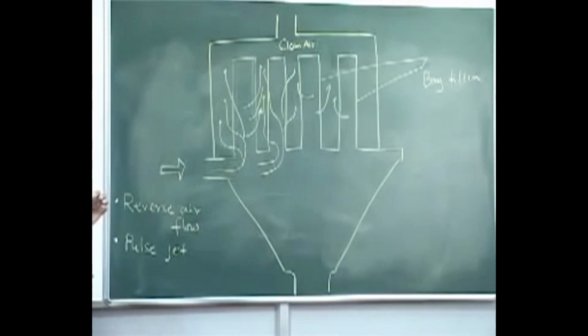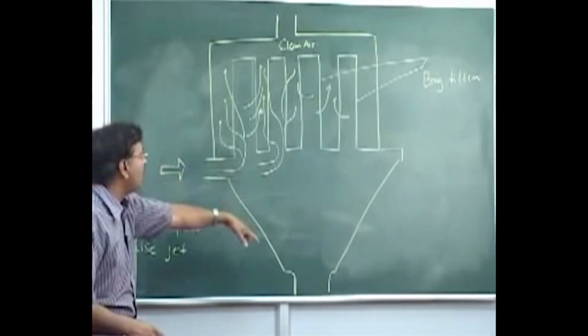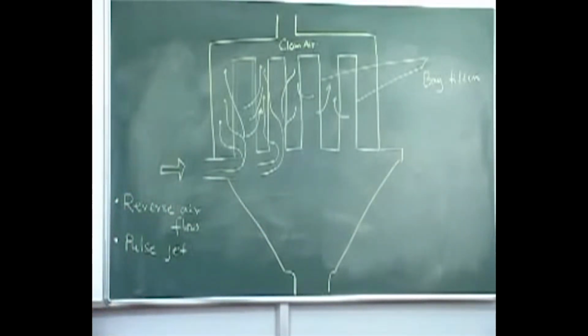Then you pass an electric pulse or some kind of pulse that will shake the bag very quickly and with a lot of energy. In the process of the pulse jet, all the dust will fall, and the bag will again stand erect. All of this happens electronically and computer controlled, and the dust will eventually fall onto this one.